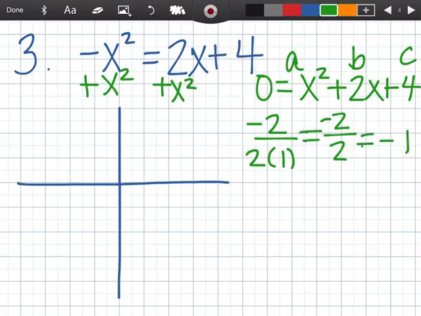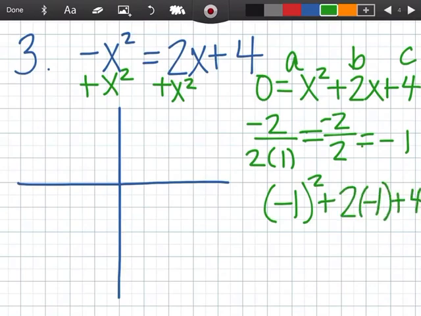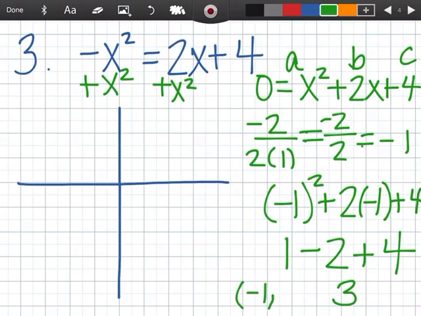And then I'm going to plug in a negative 1, so negative 1 squared plus 2 times negative 1 plus 4. Negative 1 squared is 1. Minus 2 plus 4 is 5 minus 2, so 3. So the vertex of this parabola is negative 1, 3.